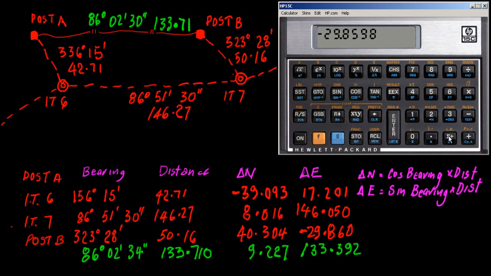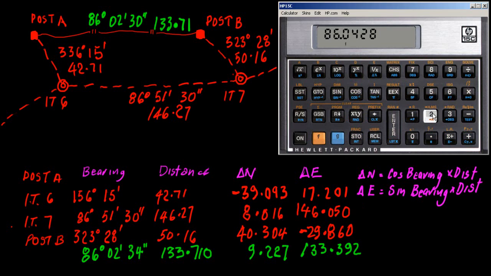Now we just recall sigma plus, and that gives us our accumulated totals here, like so. Then we want to convert that to polar, 133.710, which gives us the distance. I've chosen to keep it at the 0 rather than the 5. Let's XY that. That's in degrees and decimals.